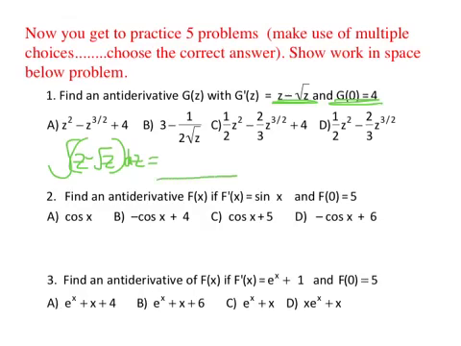And you will have plus a constant here. And then this little piece of information will allow you to solve for the constant. Okay, so let me go ahead and finish that first problem.